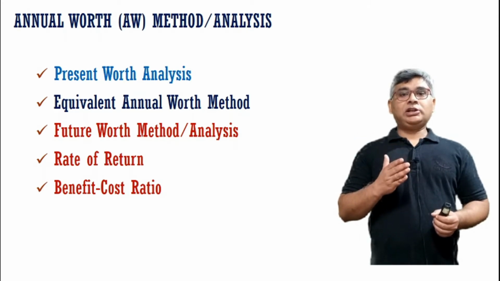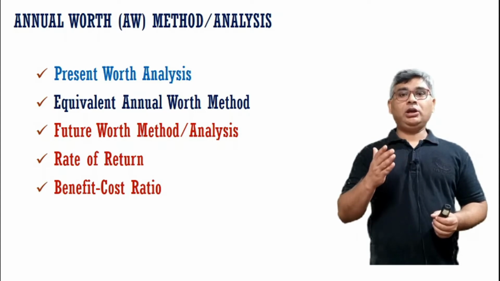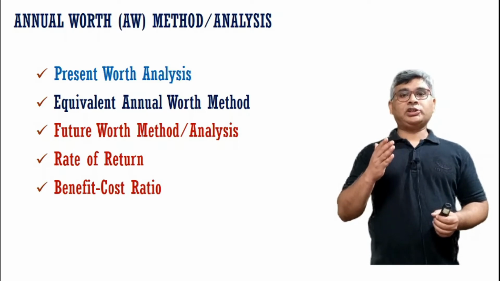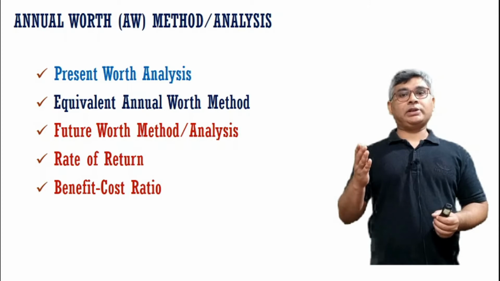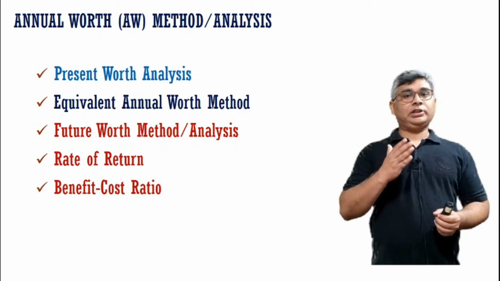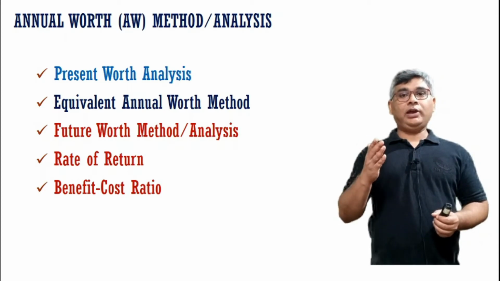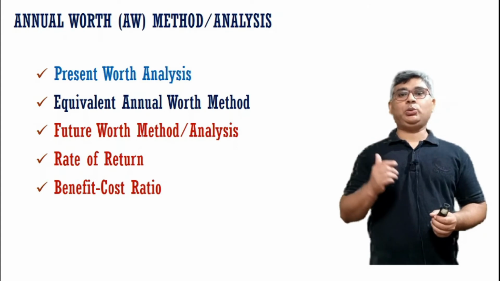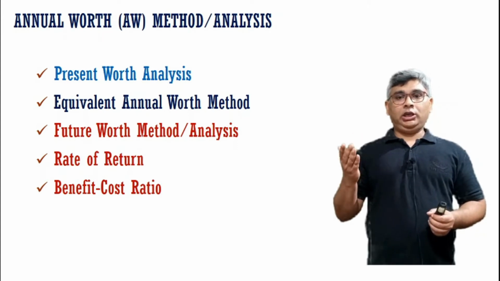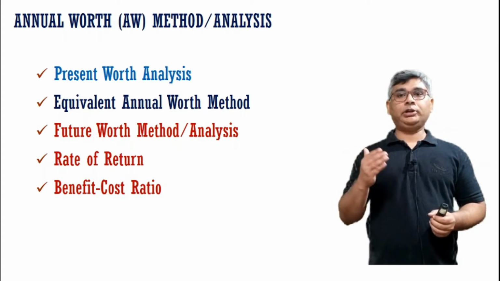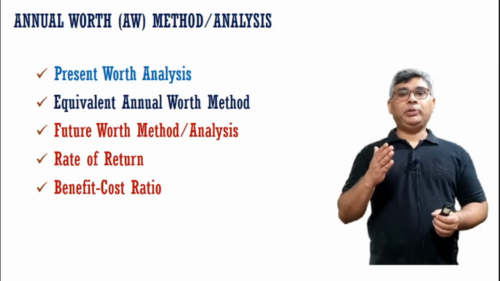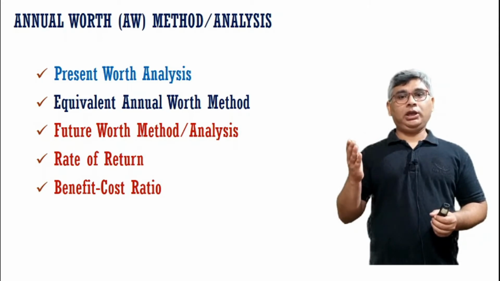In the previous lecture we already saw how the present worth analysis is used for solving problems related to comparison, both where the assets have equal life and assets with unequal life. In future lectures, I will also take up the future worth method, the rate of return method, and the benefit cost ratio analysis.